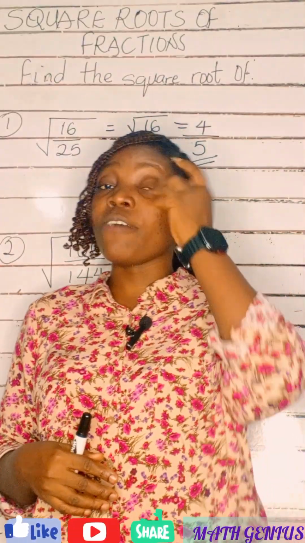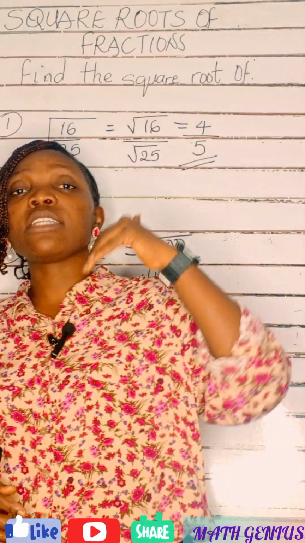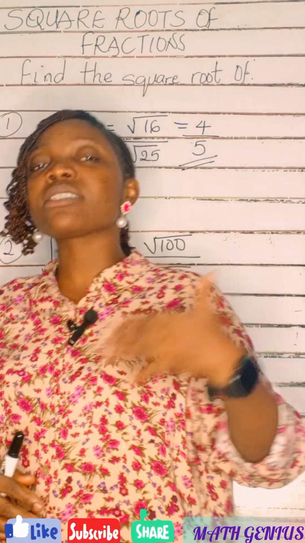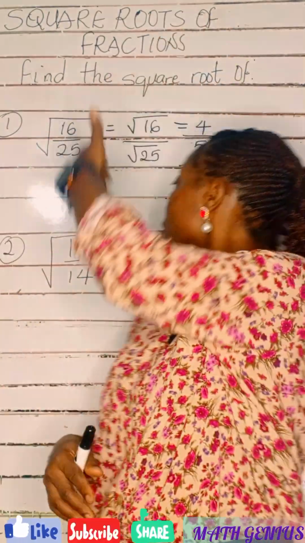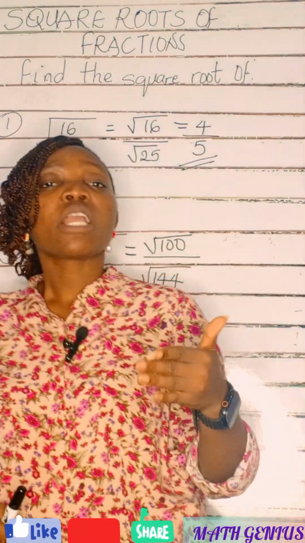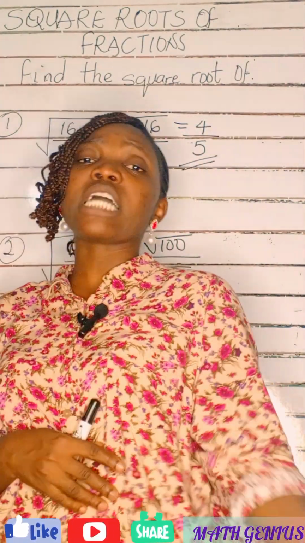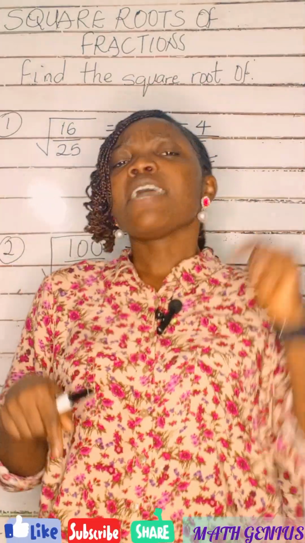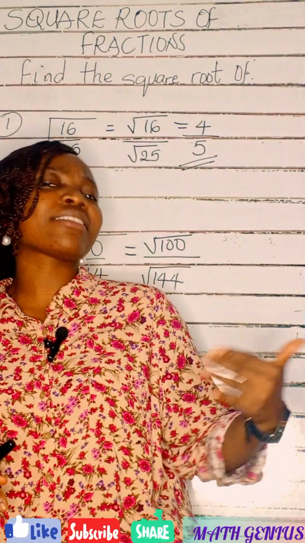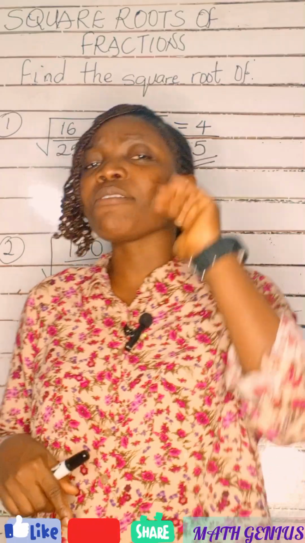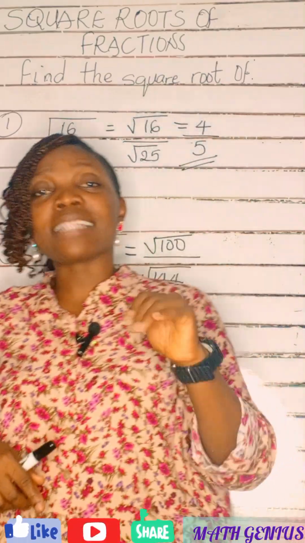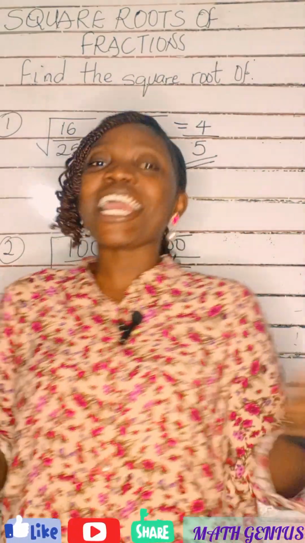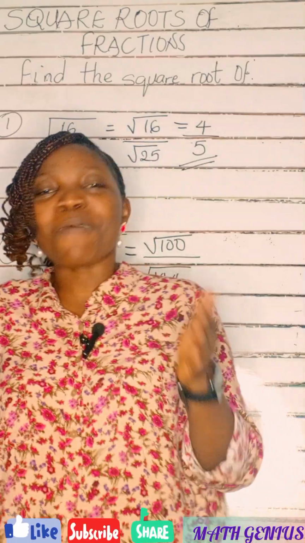So all you need to do right now is to find the number that you multiply by itself that gives you this. So we begin from 1. 1 times 1, 1. 2 times 2, 4. 3 times 3, 9. 4 times 4, 16. 5 times 5, 25. 6 times 6, 36. 7 times 7, 49. 8 times 8, 64. 9 times 9, 81. And 10 times 10, 100.